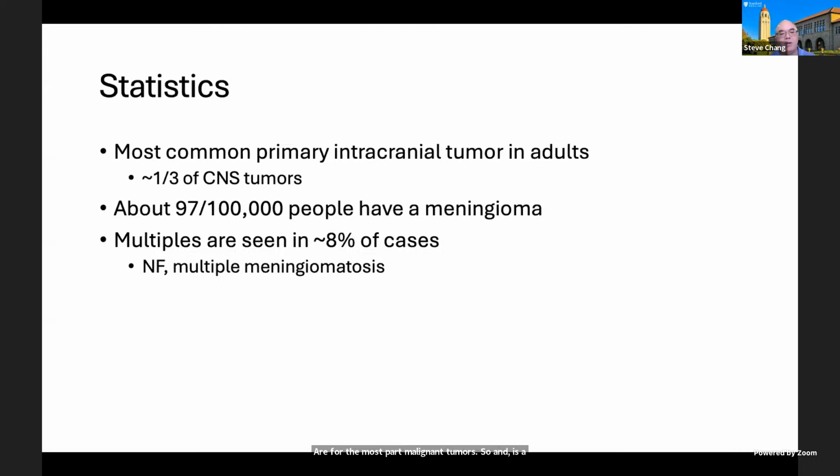About 1 in 1,000 people have meningiomas if you just look at random MRI scans of the brain. In about 10% of patients, we can see multiple meningiomas, and in many of these cases, the meningiomas can be related back to a genetic disorder or genetic syndrome. I'll show you a couple of examples of those.